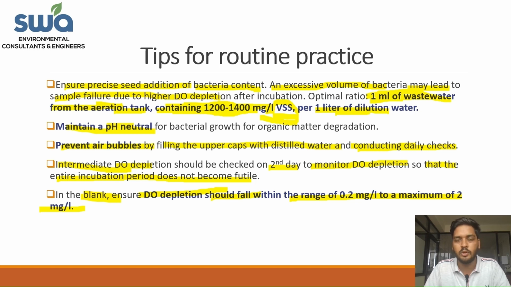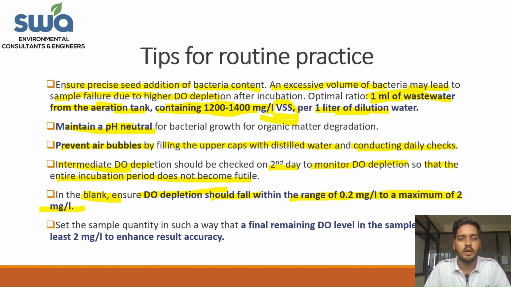And if the DO depletion is higher than 2 milligram per liter, then this is also doubtful. So make sure the DO depletion falls between 0.2 and a maximum of 2 milligram per liter. And set the sample quantity in such a way that the final remaining DO level in the sample remains at least 2 milligram per liter to enhance the result accuracy.